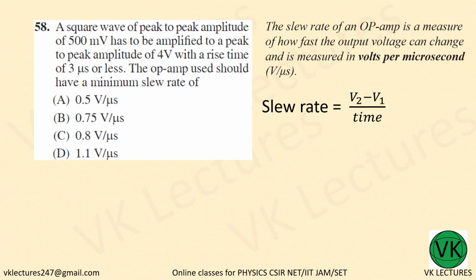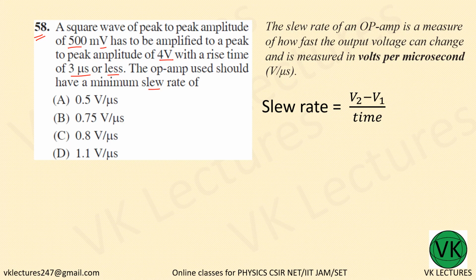Question number 58. A square wave of peak to peak amplitude of 500 millivolt has to be amplified to a peak to peak amplitude of 4 volt with a rise time of 3 microsecond or less. The op-amp used should have a minimum slew rate of.